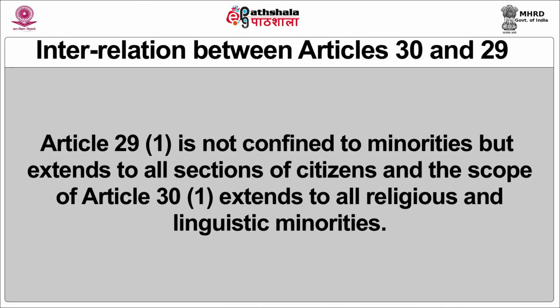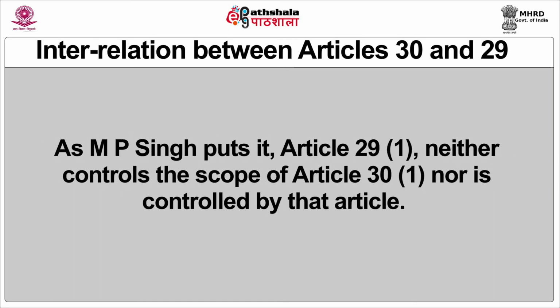Thus, the conservation of language, script, or culture under Article 29(1) may be by means wholly unconnected with educational institutions. Article 29(1) is not confined to minorities but extends to all sections of citizens, and the scope of Article 30 extends to all religious and linguistic minorities. As M.P. Singh puts it, Article 29(1) neither controls the scope of Article 30 nor is controlled by that article.